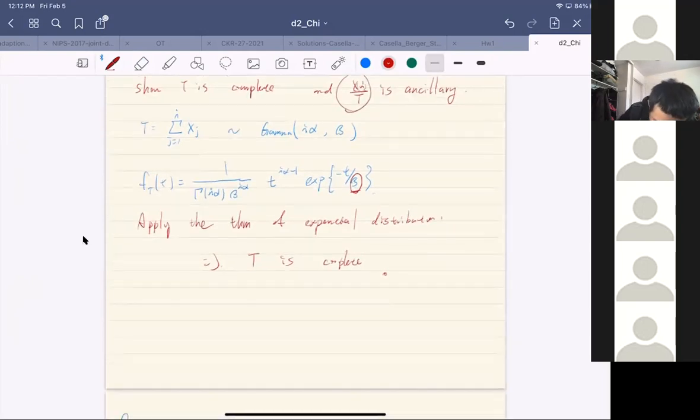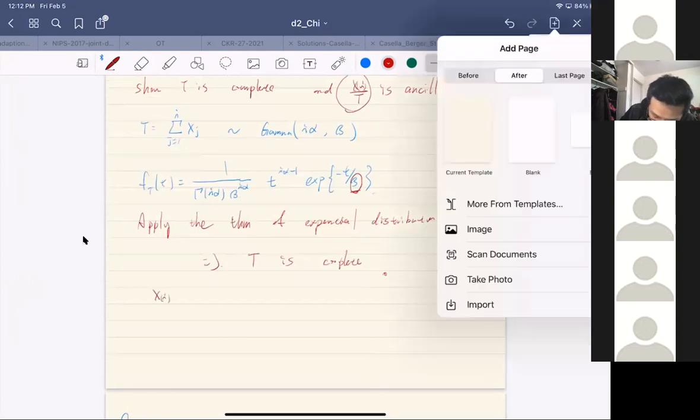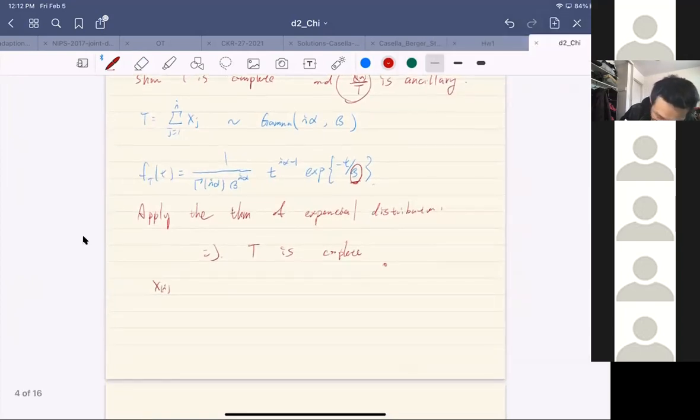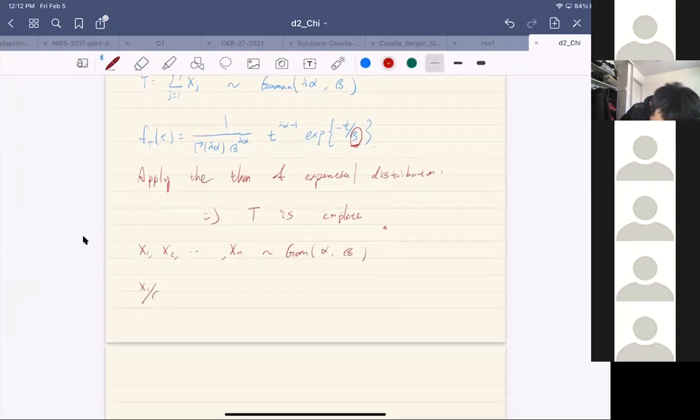Si divided by t is ancillary. Okay, how about this? S1, S2, Sn are gamma with alpha, beta. S1 divided by beta, Sn divided by beta are gamma with alpha, 1.